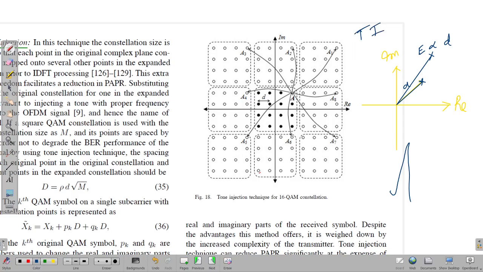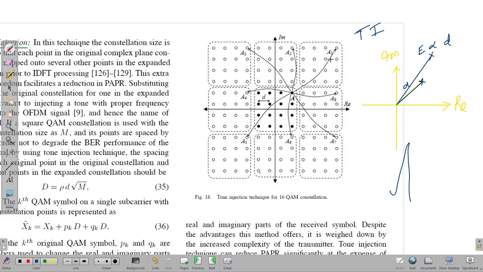When you map a particular point onto a higher order point in the constellation, you are increasing the energy of that symbol. In other words, you are injecting a particular tone, because that symbol corresponds to a subcarrier, which is nothing but a frequency or a tone. So this method has got the name tone injection.